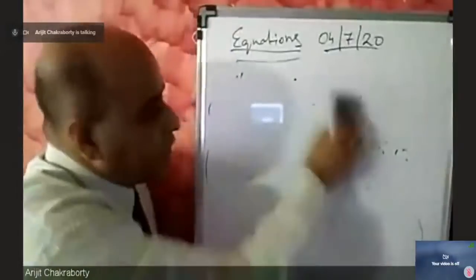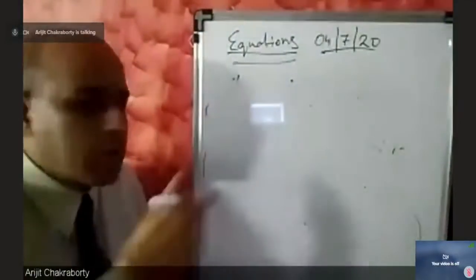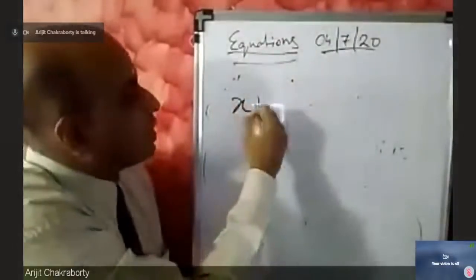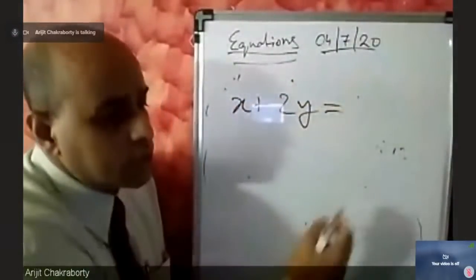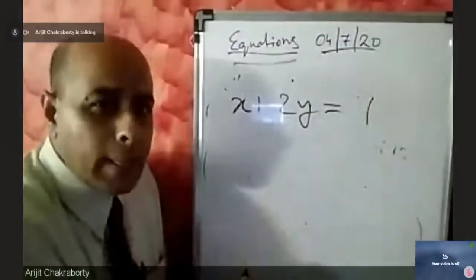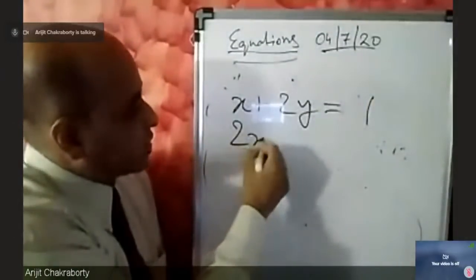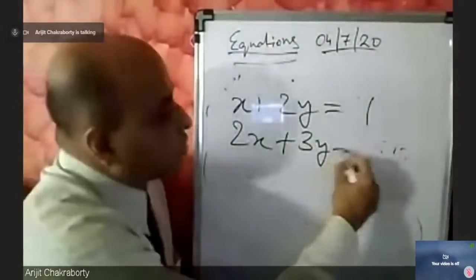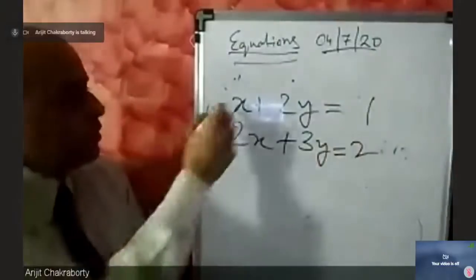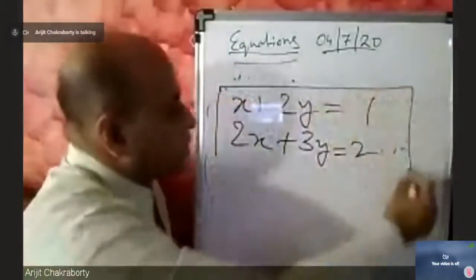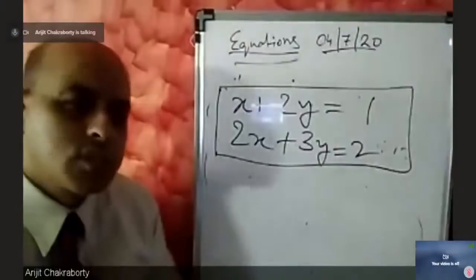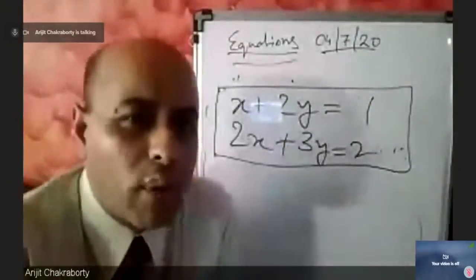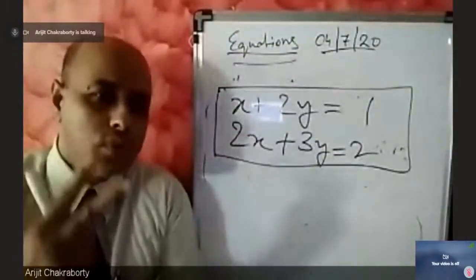So if I write x plus 2y is equal to 1 and 2x plus 3y equal to 2. So we are having 2 equations: x plus 2y is equal to 1 and 2x plus 3y is equal to 2.